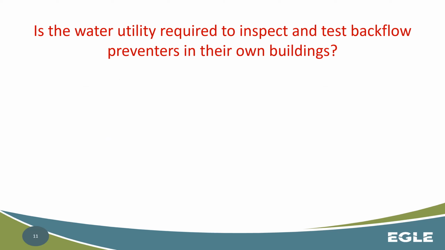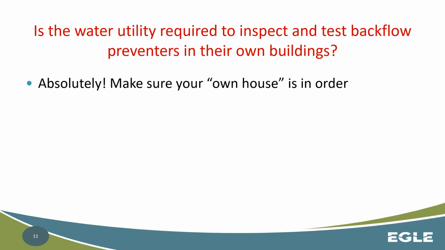All right. Is the water utility required to inspect and test backflow preventers in their own buildings? Absolutely. First off, you should be setting the example for your community. Every municipal building, lift stations, pump houses, you name it, your water plant, your wastewater plant, office buildings, town hall, whatever, anything that is city owned or municipal owned, you should be the first and foremost person within your community to be on the up and up with your cross connections, right?